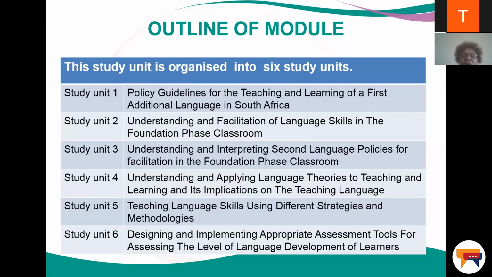Unit 4, you'll learn about understanding and applying language theories to teaching and learning and its implication to the teaching of a language. Unit 5, teaching language skills using different strategies and methodologies. Unit 6, designing and implementing appropriate assessment tools for assessing the level of language development of learners.